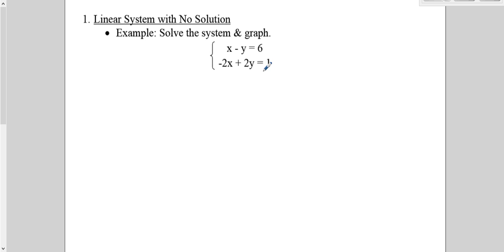Okay, here, if I look at this, I see I can multiply the x by -2. Let's go ahead and do that. -2x plus 2y equals -16. And -2x plus 2y equals 1.